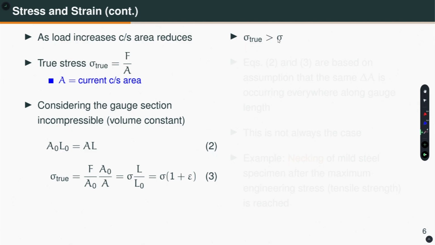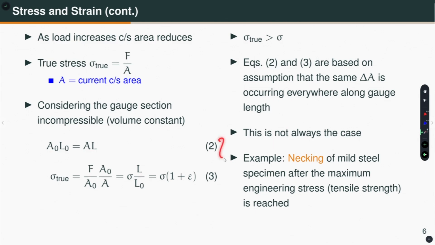Now note that these two equations, equation 2 and 3, are based on the assumption that over the gauge length, the reduction in the cross sectional area is the same along the gauge length. So it is everywhere you are getting the same decrease. But this is not always the case, as I will show you later.